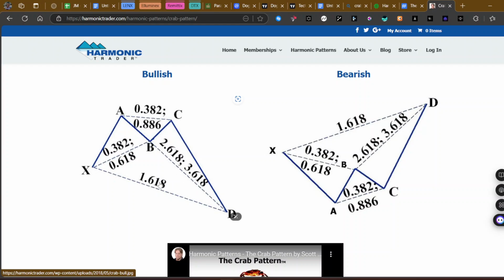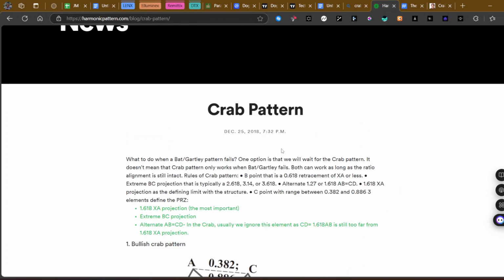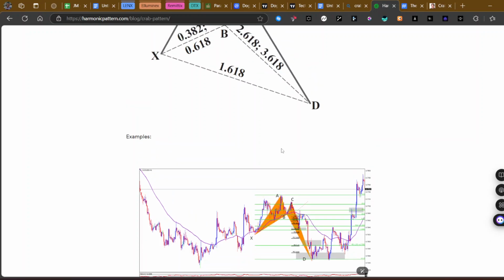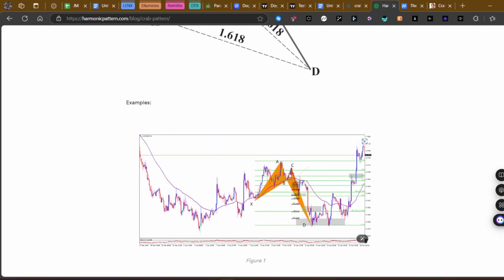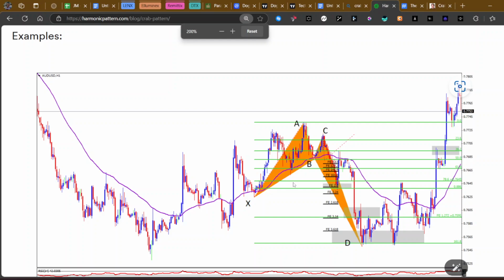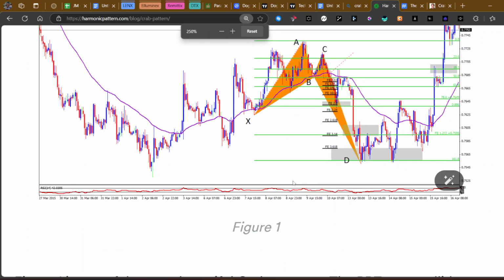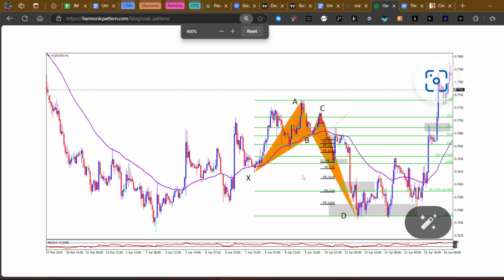Finally, point D is the completion of the pattern, which typically occurs at a Fibonacci extension of 1.618 or 2.618 of the XA leg. Once you've identified these points on your chart, you are in a great position to look for a potential reversal.